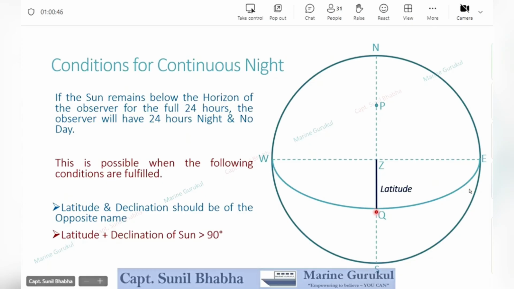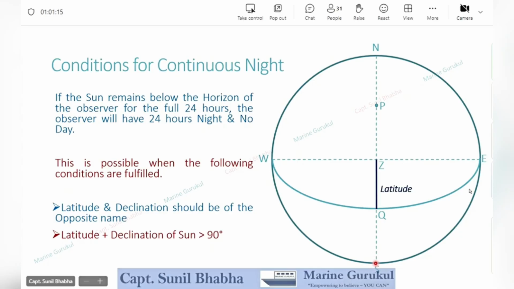Now, if the sun is between point Q and point S, it has southerly declination, but it will still be coming above our horizon. If the sun passes our meridian between Q and S, it will still be coming above our horizon. There will be a sunrise and there will be a day for some parts of the 24 hours.